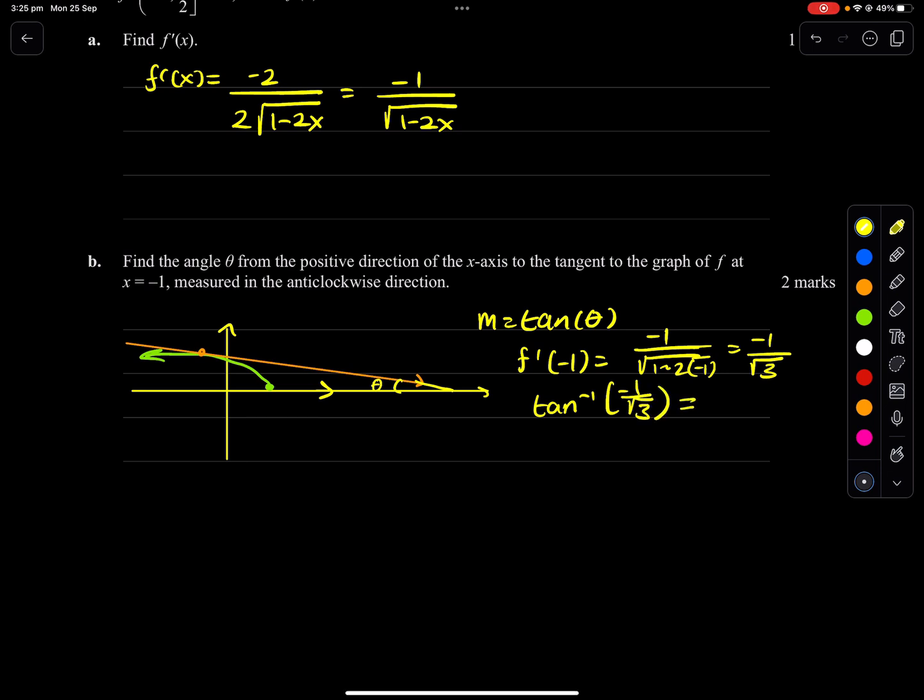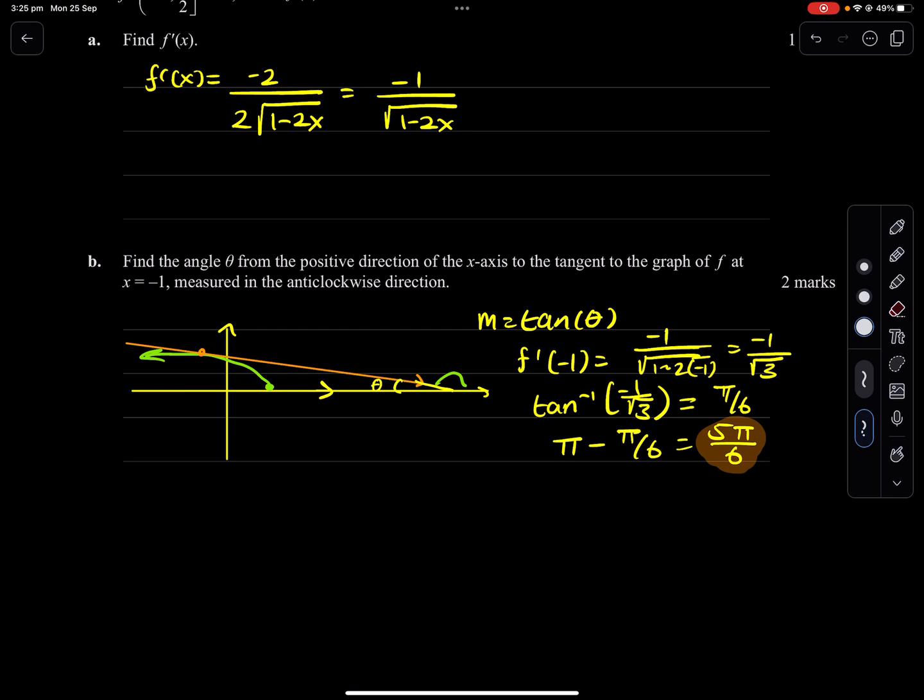Well, if I'm not mistaken, it's pi on 6. That's your base angle, but it gives us this angle over here. So it's pi, that's 180, minus pi on 6, which is 5 pi on 6. That is your actual angle, the one we want to calculate. So that should give you the answer, 5 pi on 6.